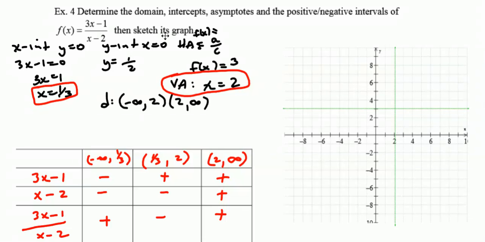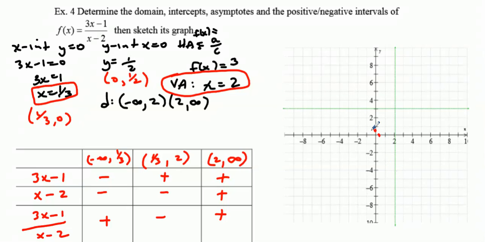We should plot any points that we figured out. So I can see that I've got a point, that's my x-intercept, right, at 1/3. So this is the point 1/3, 0. This is the point 0, 1/2. So I should plot those. So 0, 1/2 would be about here. And 1/3, 0 is over here. This is 1, so 1/3.